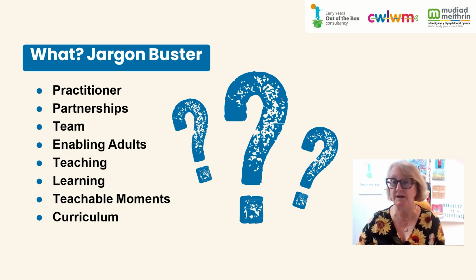This is just a short list. In session 2, I talked about how I always say the word teacher when I refer to anyone I'm working with, because as soon as a child comes into our setting, no matter what sort of setting it is, we are teaching them something. But lots of people use the word practitioner.